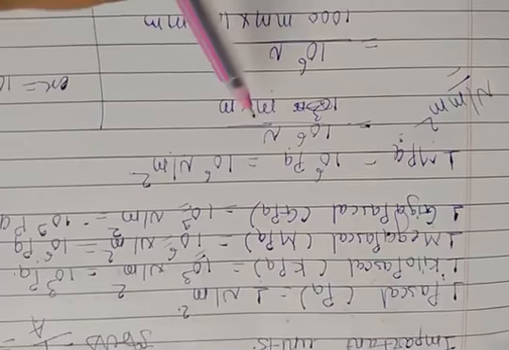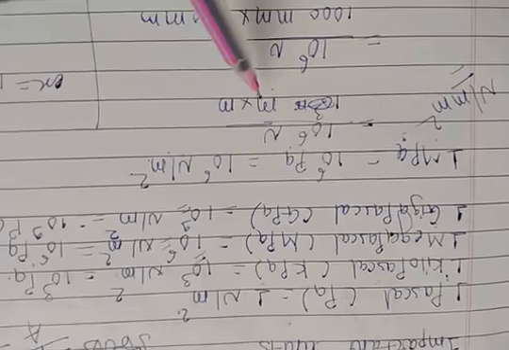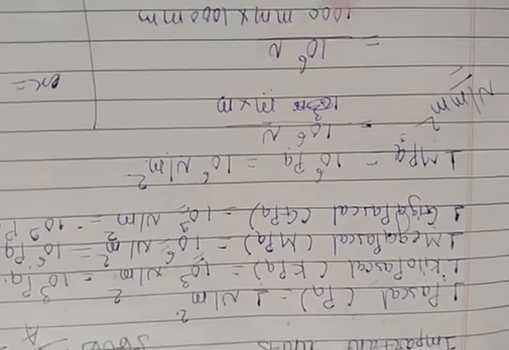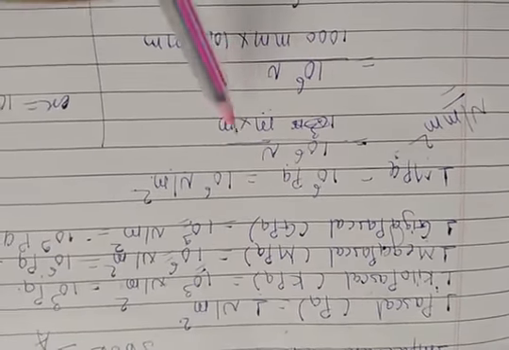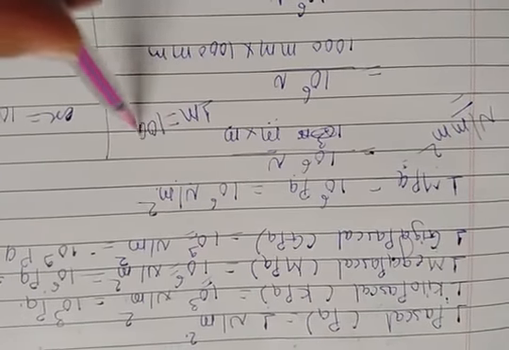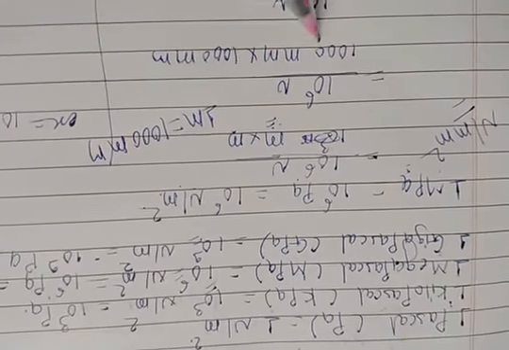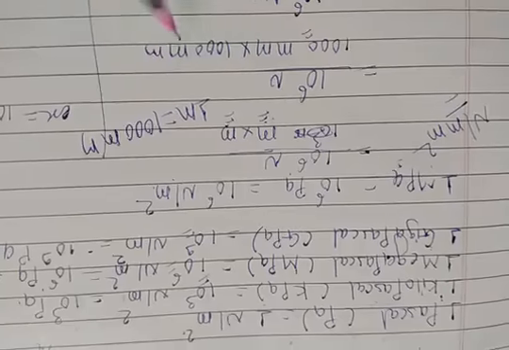So we rearrange the unit like this. Meter square we can write as meter into meter, and we know 1 meter is equal to 1000 mm.